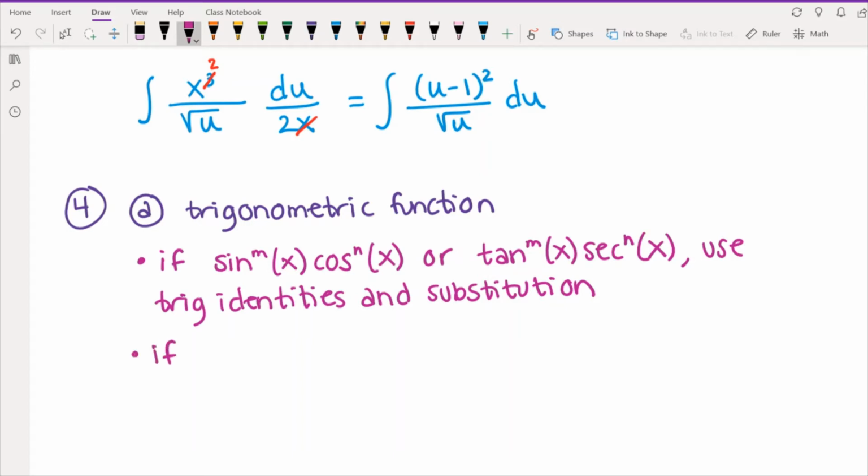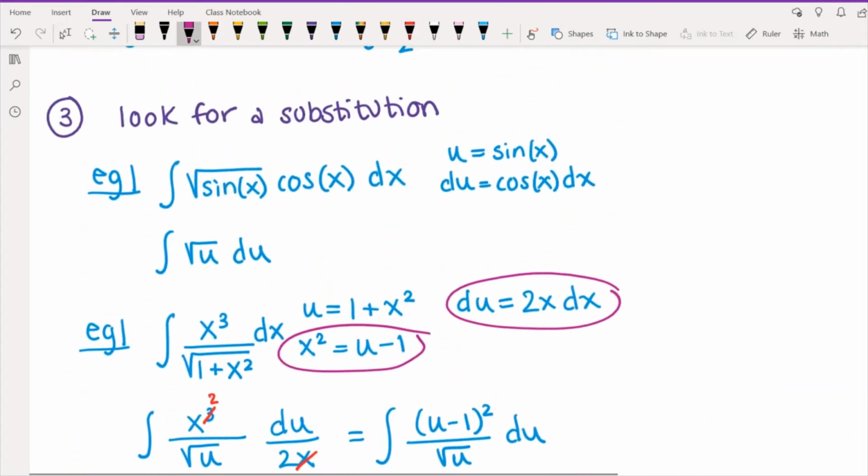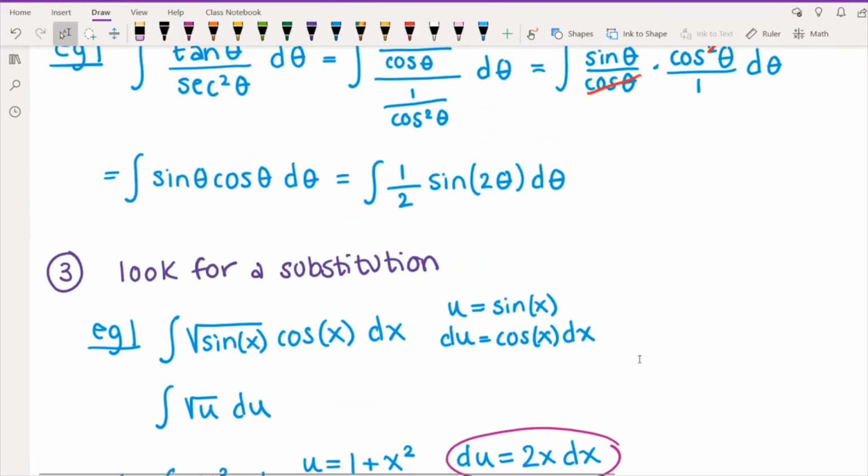If you have a trig integral that's not of one of those forms, then basically you're going to have to use trig identities. So an example of that would be something like sine of theta times cosine of theta, which we talked about up here, right?